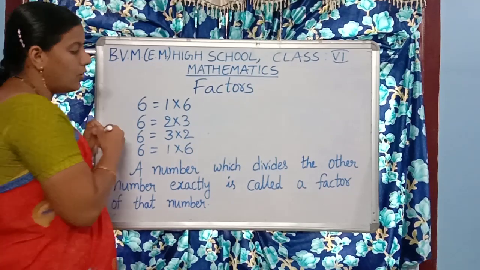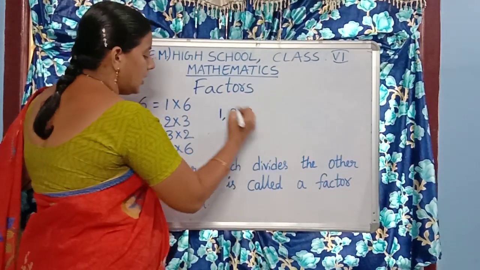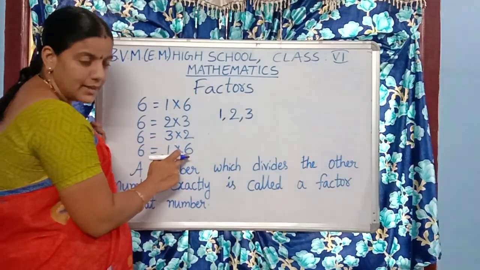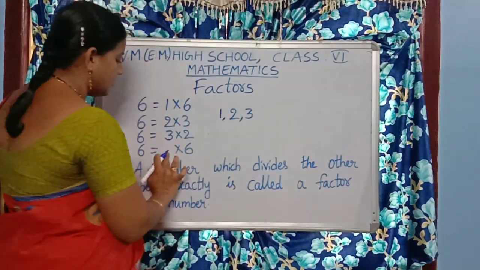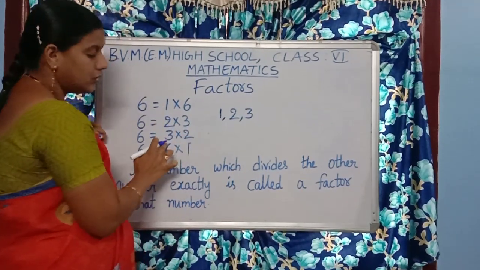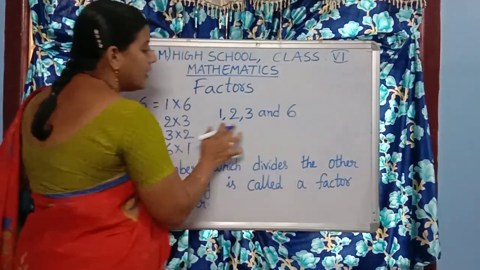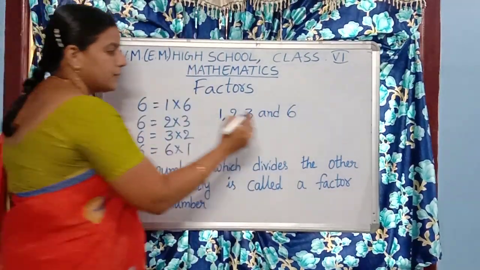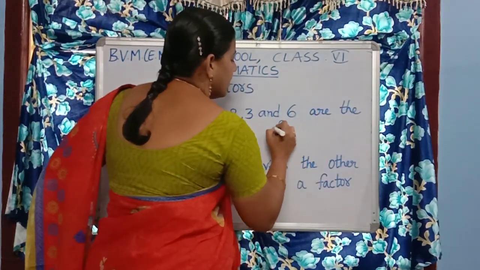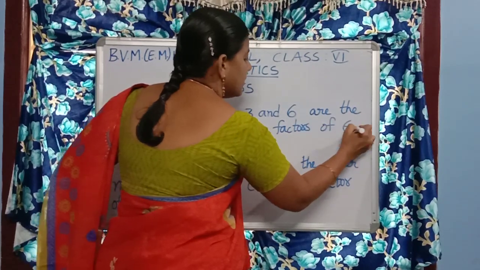Okay? So 1, 2, 3 and 6 are the factors of 6.